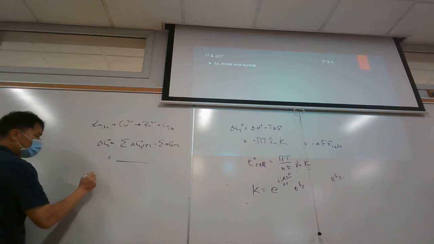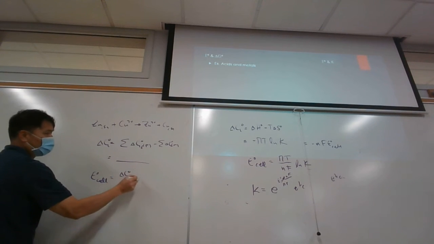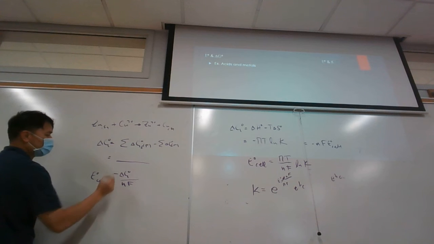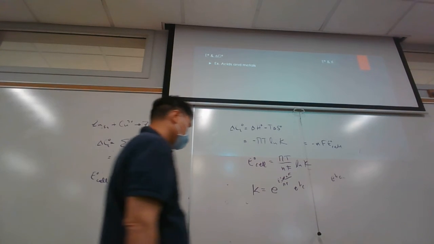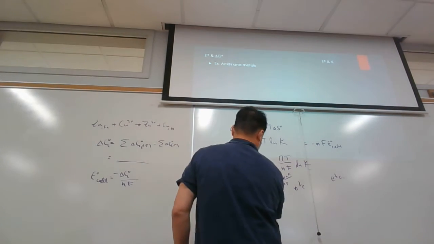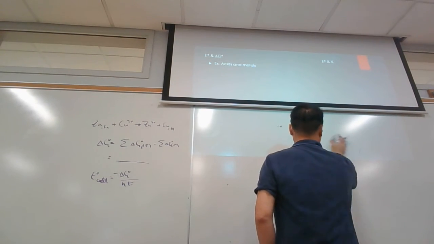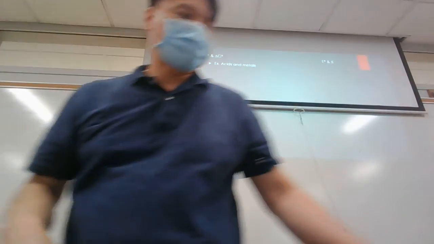And then from that delta G value, we can figure out the cell potential. The cell potential is just going to equal our delta G value over, what is it? nF. So minus delta G over nF. One thing that's kind of different between E cell and delta G is this.